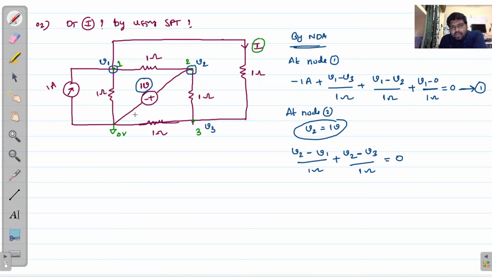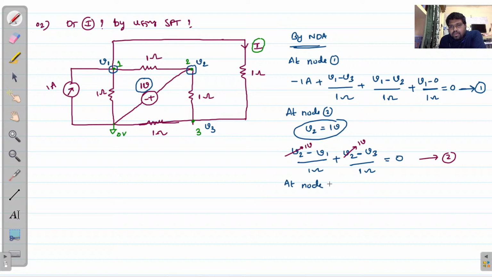Don't take this one. V2 equals 1 volt, so you can substitute that 1 volt here. So this is expression 2.